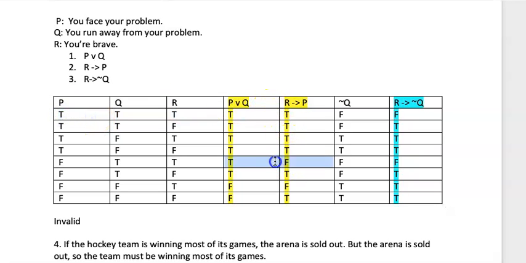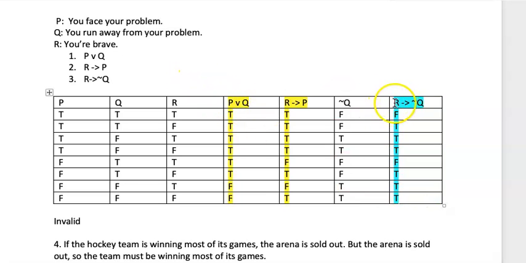So basically it's only false in cases where R is true but P is false. So you can see it's only false in cases where R is true and P is false. And then we need to do the conclusion. Well, first we need to do not Q, because remember we have to start with the not. So we did this not Q column real quick to figure out the if R then not Q.